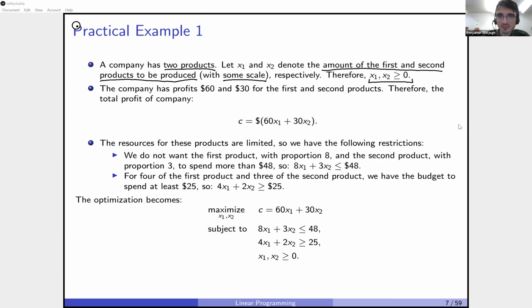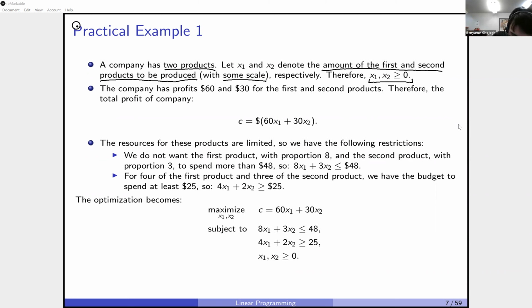Therefore, usually x1 and x2 are greater than or equal to 0. Do you remember? I said usually in practical examples, the objective variables are non-negative. Here you can see an example for it. This is the amount of product. It can be 0, but it can't be negative. That's why in standard problems, usually they assume that the objective variables are non-negative.